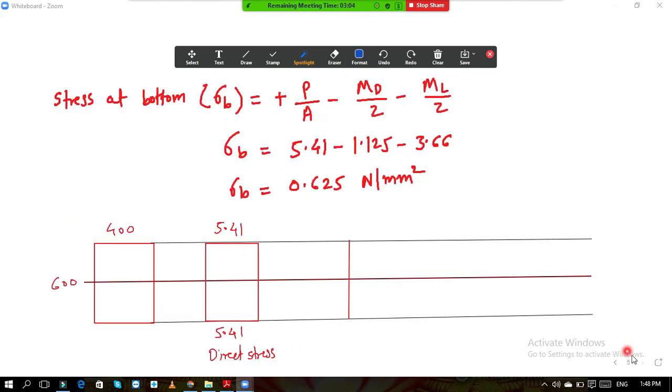So here at top 1.125, at bottom also 1.125, and we will join these points. It is like this. Okay. So this is plus, this is minus, this is always plus. 1.125, this is also MPa, Newton per mm square.